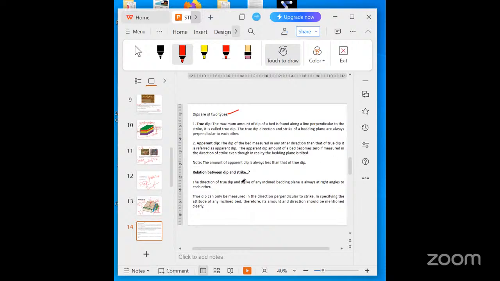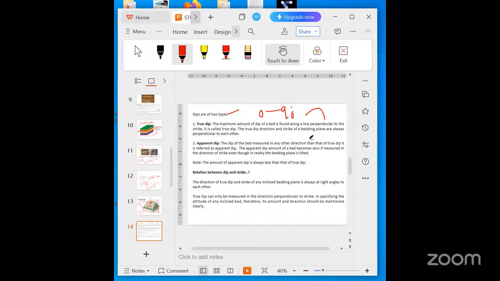And the amount of dip is the angle, which varies from 0 to 90 degrees according to the inclination of the bed.